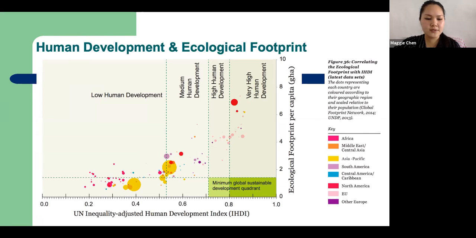So this graph is based off of the UN Inequality Adjusted Human Development Index. So we're looking at inequality between people, and across the bottom, the chart goes from low human development, so developing countries, to very high human development, so highly developed countries. And across our Y is again our ecological footprint per capita in global hectares per person.